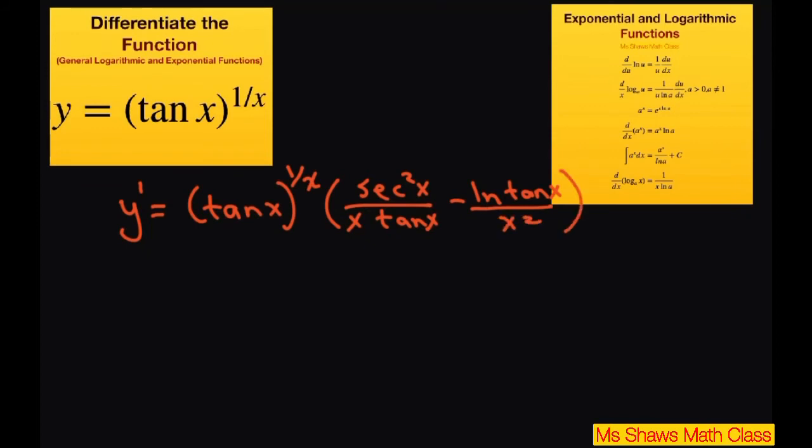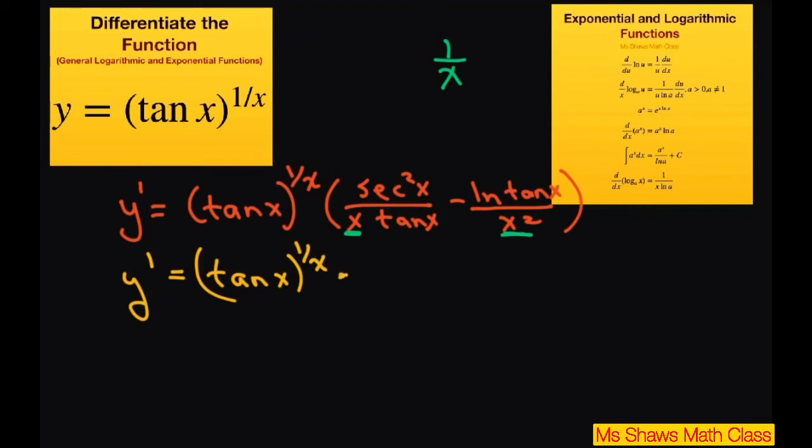Now, normally, when you have a common factor, like we have here, which is 1 over x, you need to pull that out because that's usually how the answers are going to be written in the book, like if you're using a textbook. So you write y prime equals tan of x to the power of 1 divided by x.